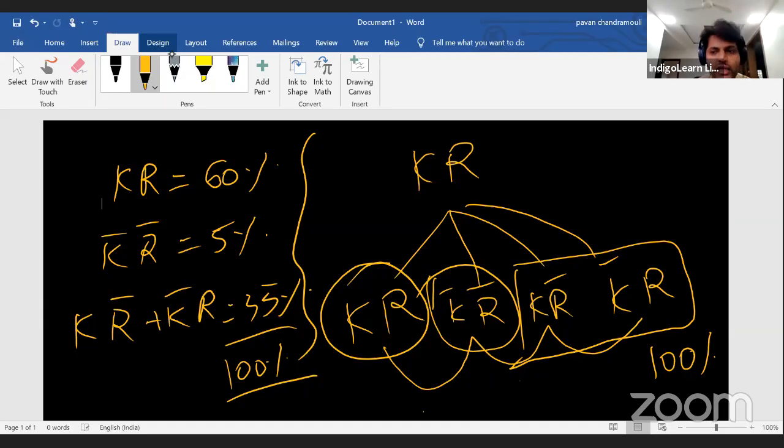For example, when I read a newspaper, I read an article saying that there was a robbery in a jewelry shop, and the police has conducted an exhaustive search. What does exhaustive search mean? Exhaustive search means they have covered the entire premises so that they don't miss out on any clue. Exhaustive means 100%.